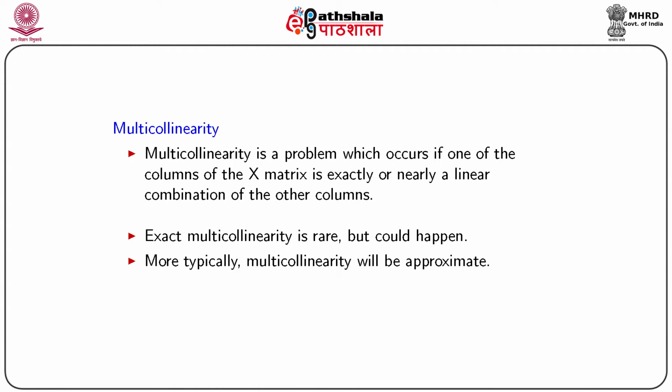Exact multicollinearity is, however, rare, but it can sometimes happen. For example, if we include a dummy variable for male and another one for female, and in addition to that we have a column of ones.